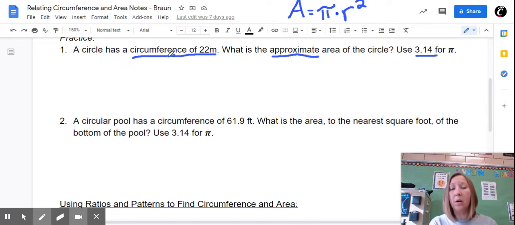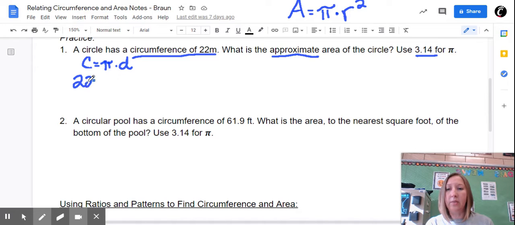So what we know is the circumference is 22 meters, and I know that circumference equals pi times diameter. We just said circumference is 22, so instead of C, I'm going to put 22, and we also said we're going to use 3.14 for pi times diameter. So basically, I'm going to solve for my diameter here.